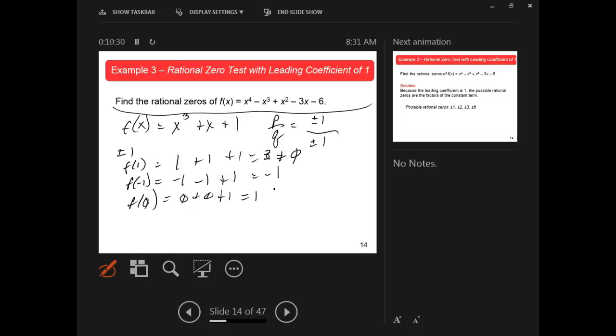It's not possible to find it that way. It's not a rational number, and therefore it has to be an irrational number because you know it's real.